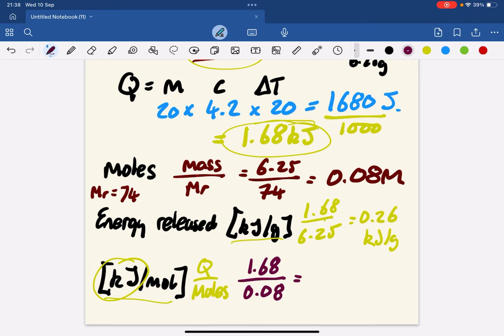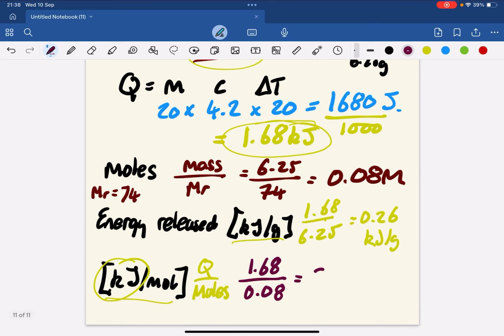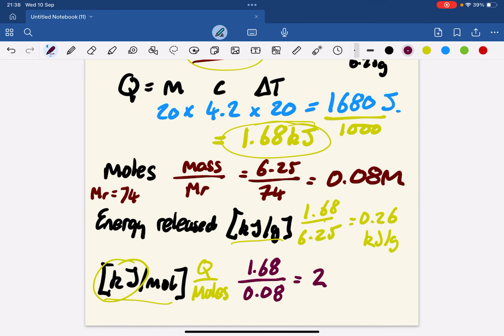So 1.68 divided by 0.08. We're going to have an answer of around about 21 kilojoules per mole.